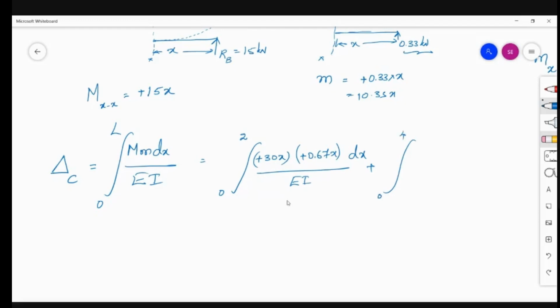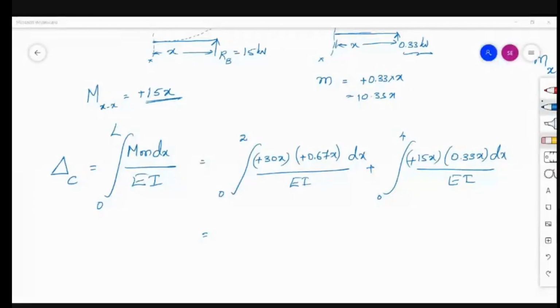Integration of 0 to 4 for the BC portion is plus 15 into X, that is capital M, into small m, 0.33 into X, into dx by EI. Just use your calculator. From this calculator, you can get the deflection directly. Apply the integration using your calculator to simplify it accurately and get the final deflection.